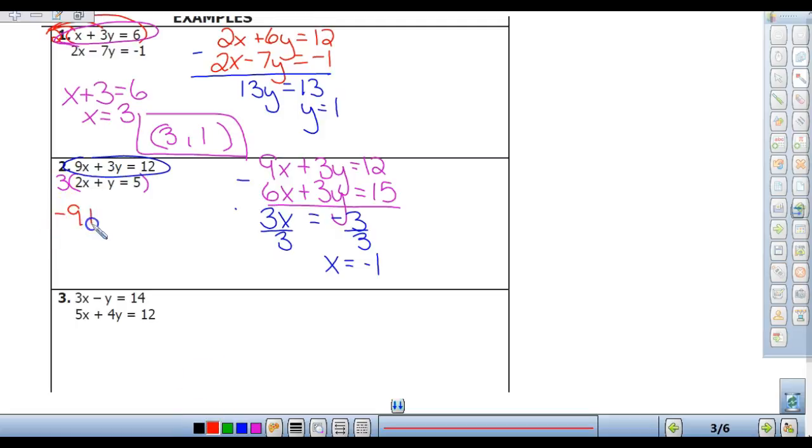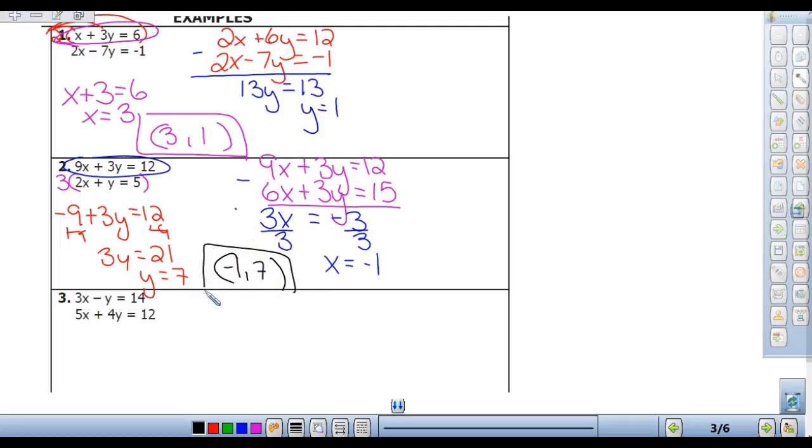So negative 9 plus 3y equals 12. Now what? Add 9. 3y equals 21. So y is 7. My solution is negative 1, 7.